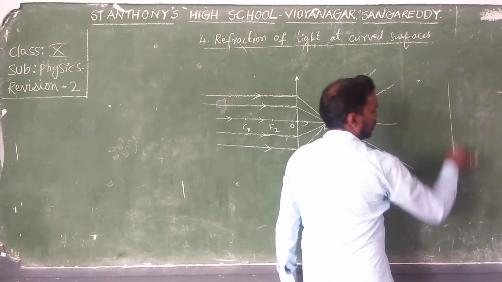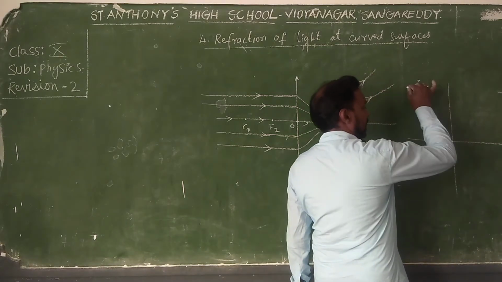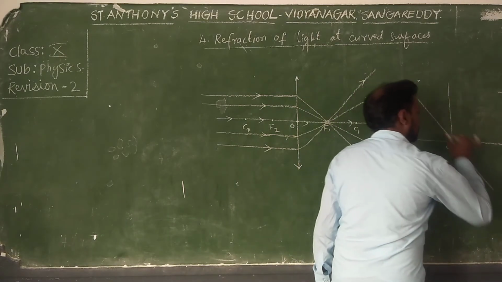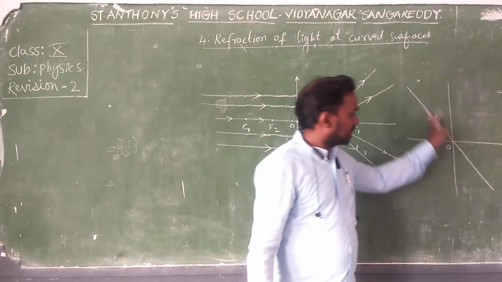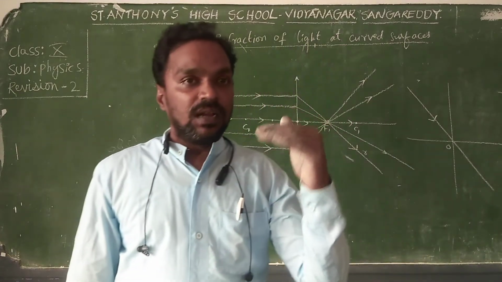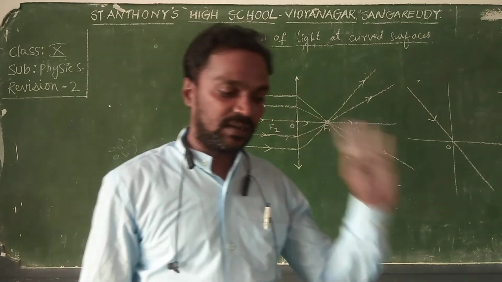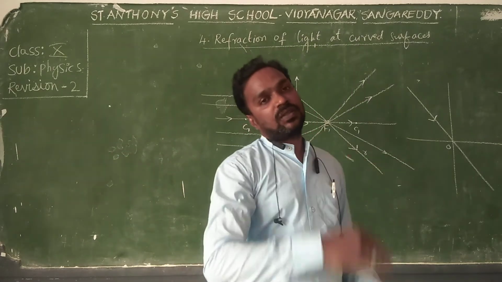The second situation: this is the optic center O. A light ray traveling through the optic center of a lens does not deviate. Next, the third one: light traveling parallel to the principal axis.